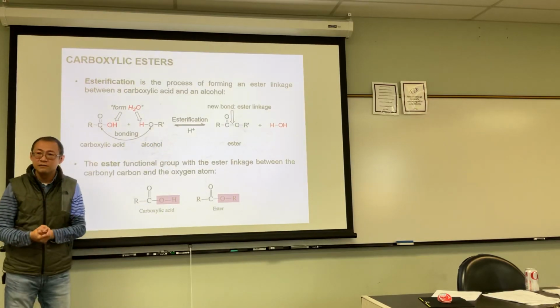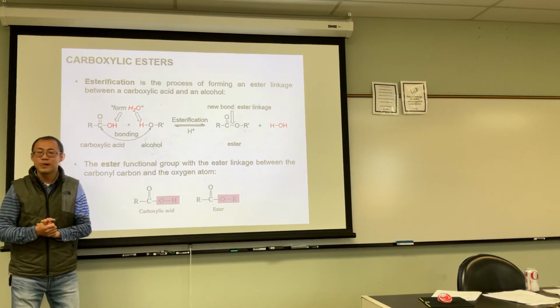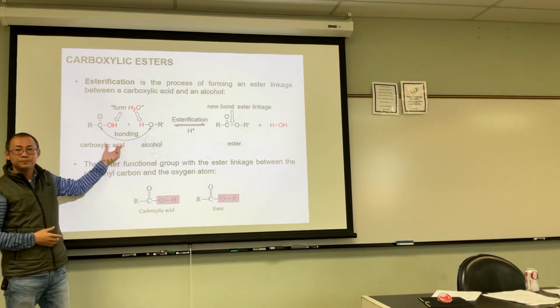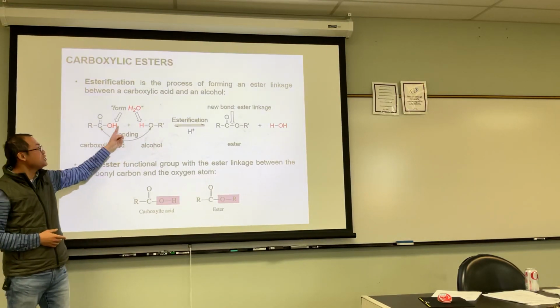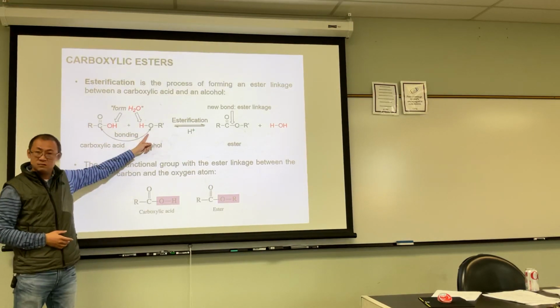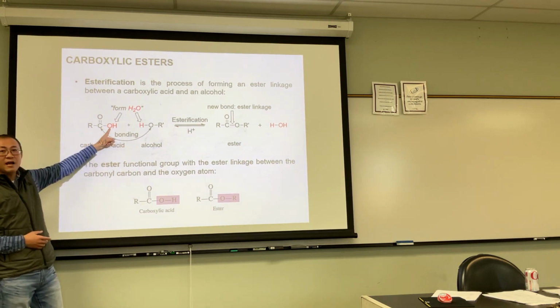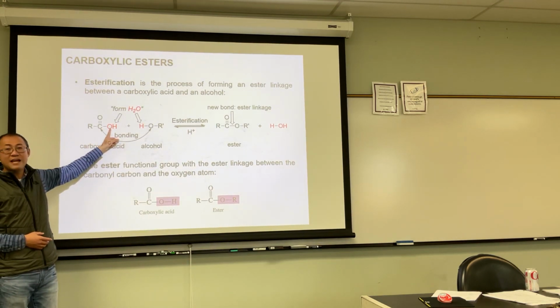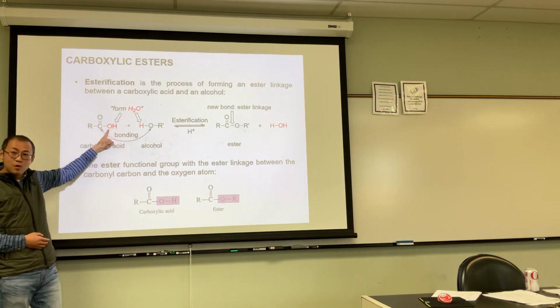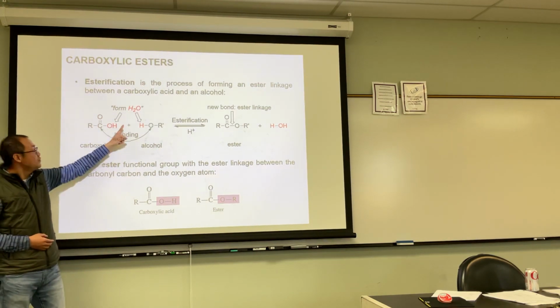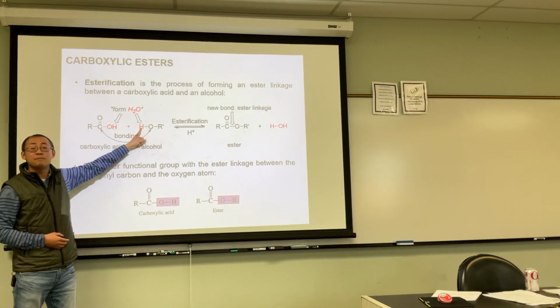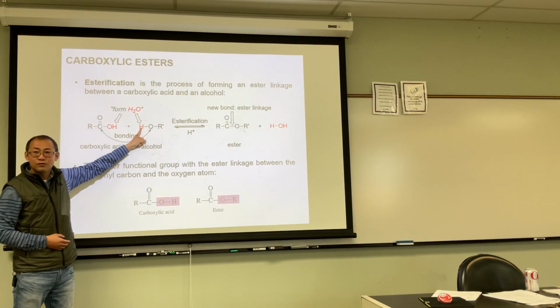They can be the same. We good? Take a look at what happened. When these two types of molecules react, you remove an OH from the acid, COOH. You remove the OH from the acid, you remove the H from the alcohol.